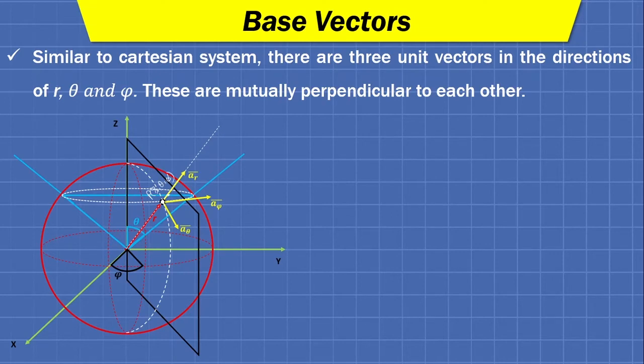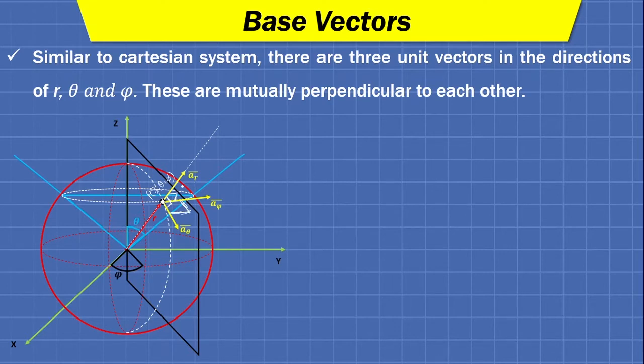So a radius and a tangent will always make a 90-degree angle with each other. And now a theta and a phi are tangents in perpendicular directions to each other, hence they also make an angle of 90 degrees.